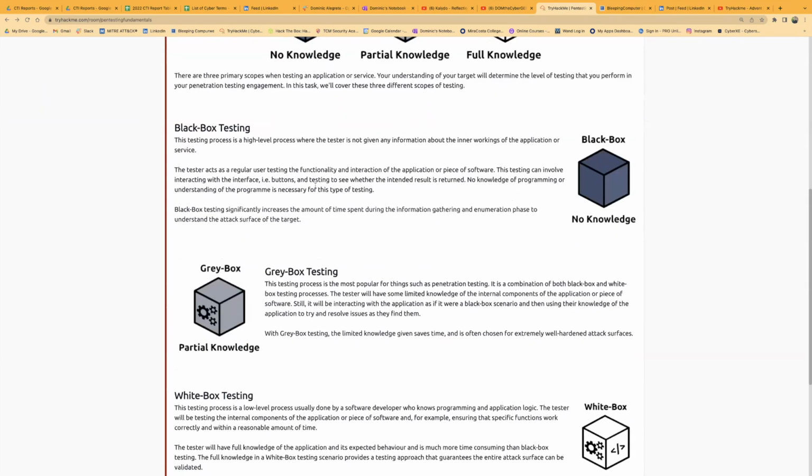Starting with black box testing, they're all going to be kind of high level, but black box testing is probably the most high level process out of the three. Little to no information is given about the network when the client or company allows you to do the pen test.